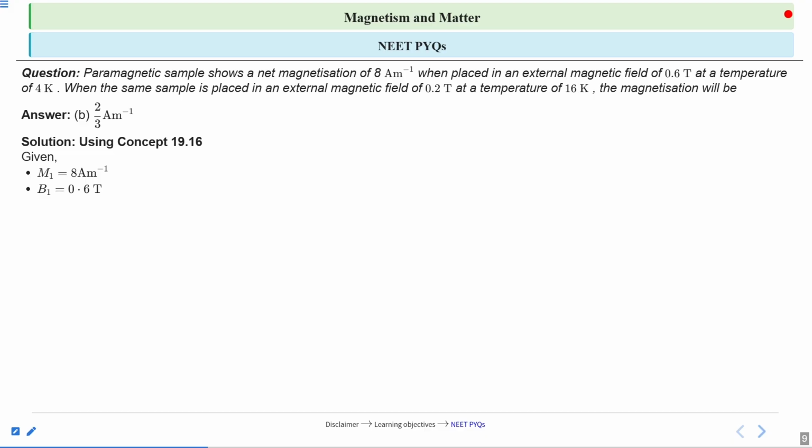B1, the magnetic field in the first case, is 0.6 Tesla and the temperature in the first case is 4 Kelvin. So what is the net magnetization in the second case? B2, the magnetic field, is 0.2 Tesla and the second temperature is 16 Kelvin.